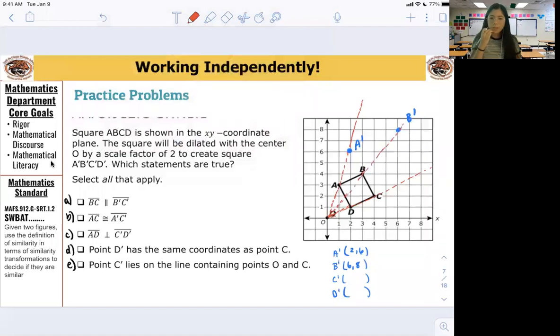C is (4, 2), so that becomes, good, (8, 4). That was better. And then D used to be (2, 1), good, so it becomes (4, 2). So there it is. So there's my image. I'll connect the dots, and then we can see if your guesses were correct.